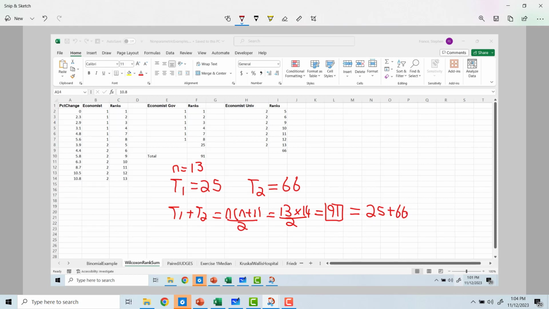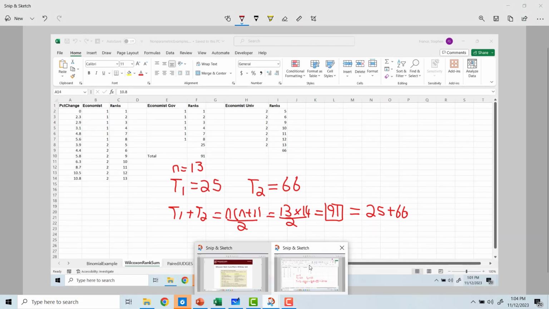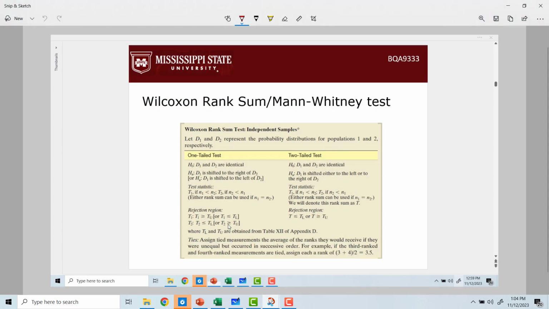Okay, so now let's go back to our test. T1 is 25 and T2 is 66. And we're going to do the two-tailed test.